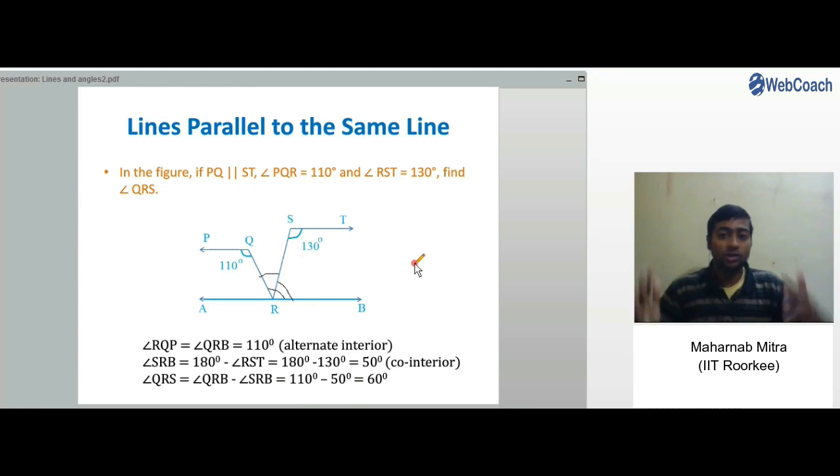Why? Because they are adjacent angles. So here we have used the concept of more than two parallel lines, the concept of corresponding angles, alternate interior angles, co-interior angles, and adjacent angles also.